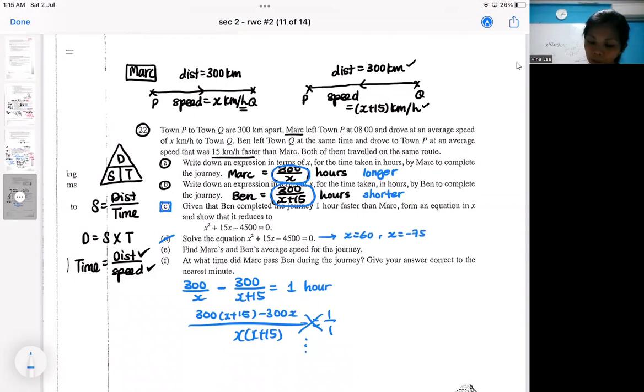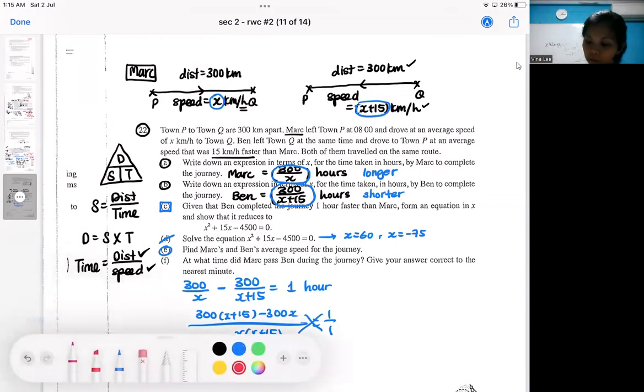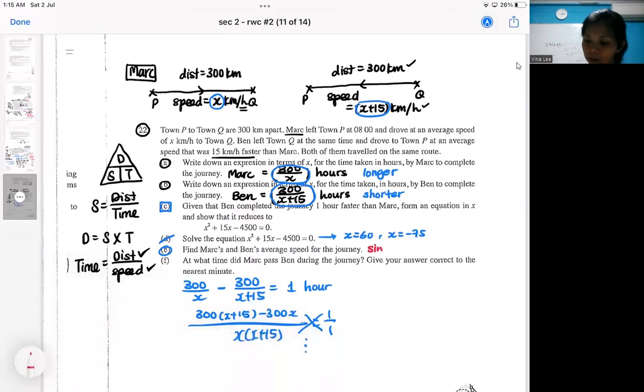So at the part where you're supposed to find Mark and Ben's average speed, you're going to explain which X you are using. X is speed. So again, it's the same thing. X is greater than 0, so you should use 60. So this is 60, and this will be 60 plus 15.